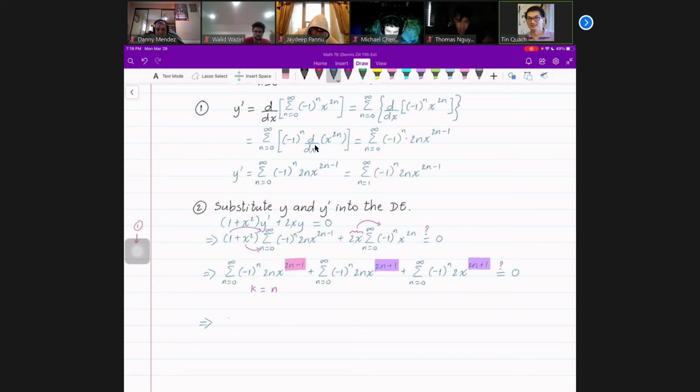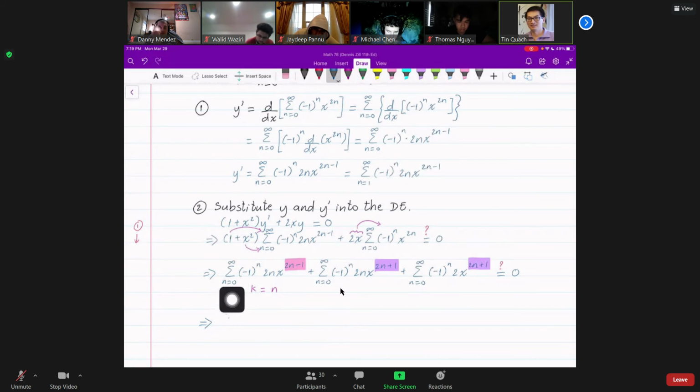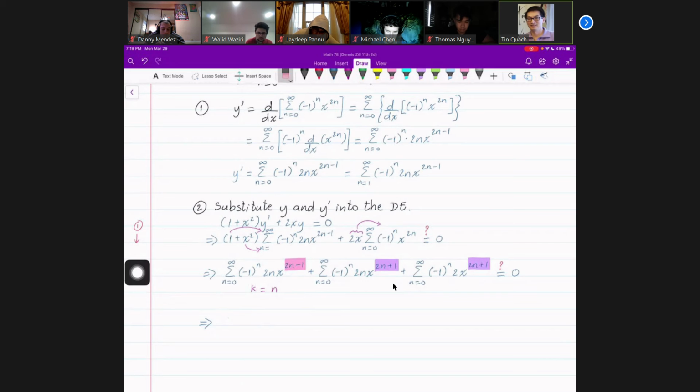So I'm sorry, you want to change this one to a 1, and this is a 1, because that is from here. So that is a 1, a 1, and a 1. You see that? So this one right here is a 1, that is a 1, and that is a 1.